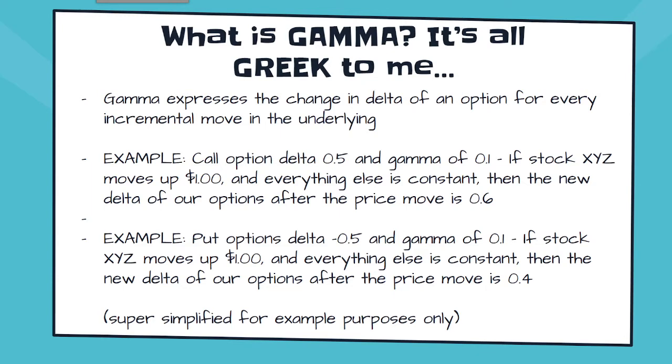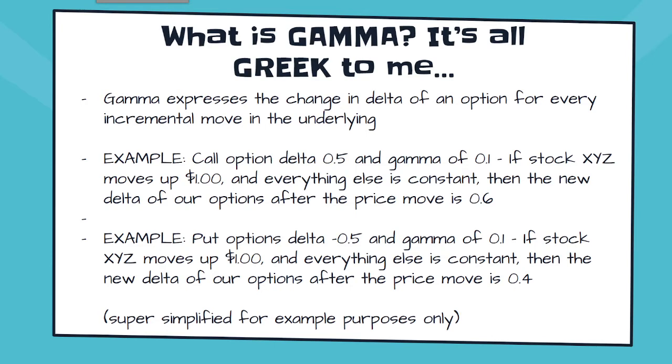The opposite is if you have the same call option, delta 0.5, gamma 0.1, but it moves down $1. Then instead of 0.6, your option delta is going to be 0.4.